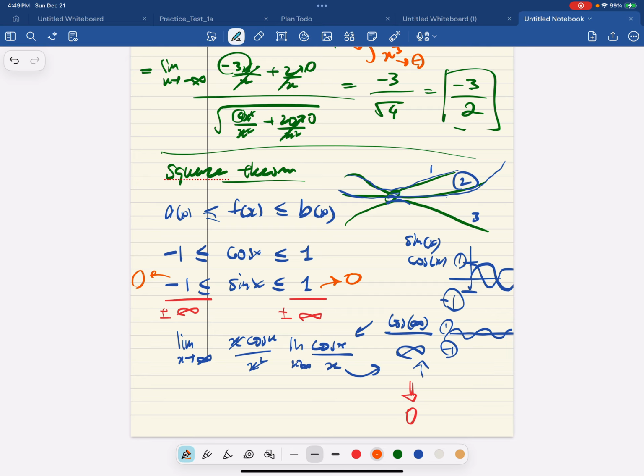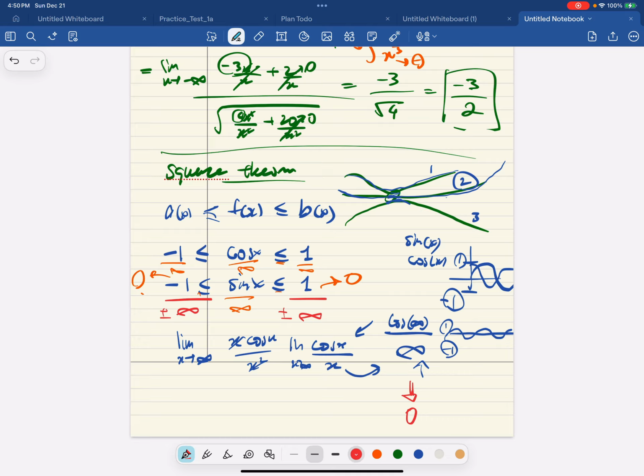But then we're telling you the cosine is between -1 and +1. So by dividing -1 by infinity, or 1 by infinity, or sine of x by infinity, or cosine of x by infinity, everything you can just divide by infinity. Because there's an inequality sign here, we can say that the cosine is in between 0 and 0.